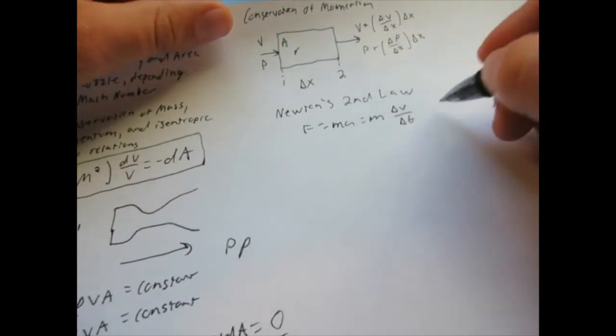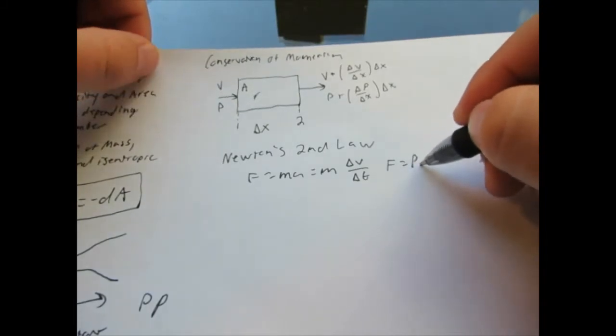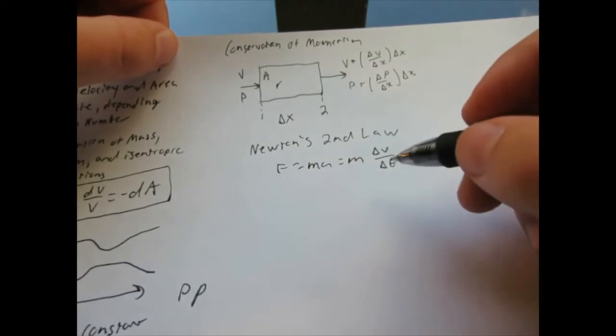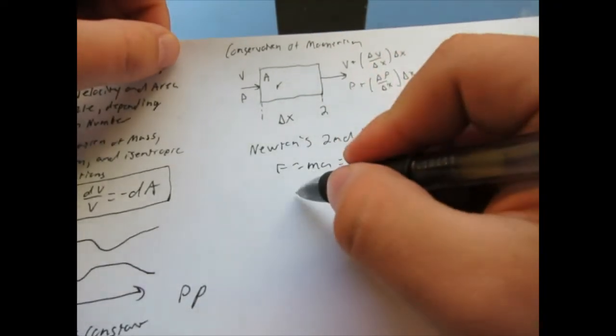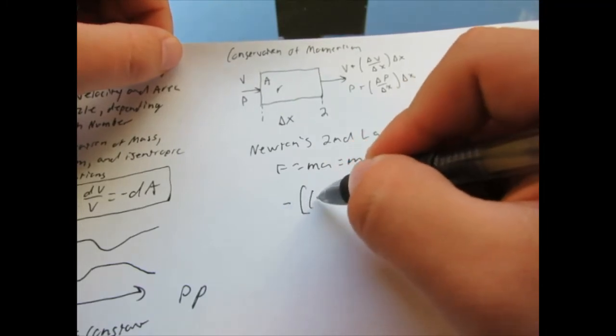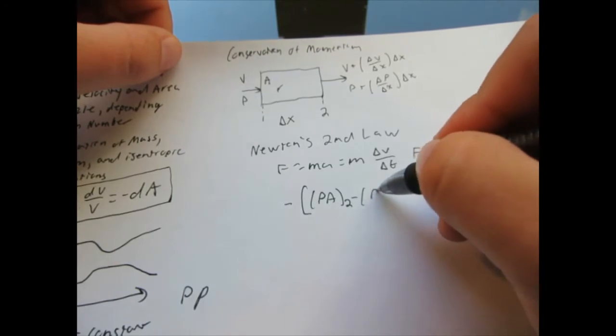But then we also know force equals P A, so pressure times area. So we're going to substitute in force for the pressure on each side. And we're going to write it in this form because this allows a cleaner result.